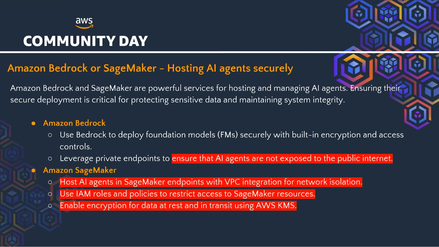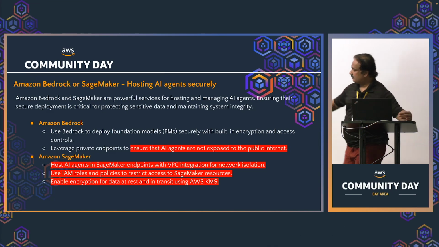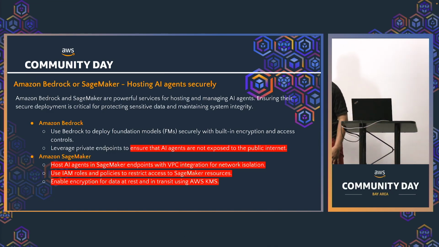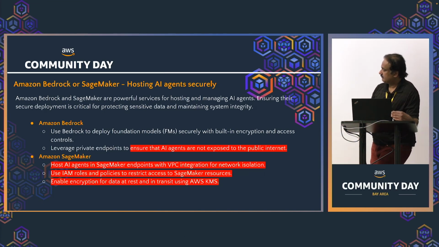We saw this in a couple of slides before. Again, use IAM roles to restrict access to SageMaker resources, and then data encryption. We did look at all these three. This is at the network layer, this is at the access level, and the third one is the data level, encryption and access.